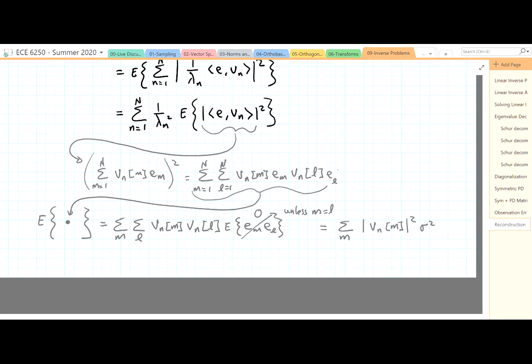Okay, so inserting that back up above, we get n times sigma squared times 1 over n sum of 1 over lambda n squared. And so this is the average of the eigenvalues squared.